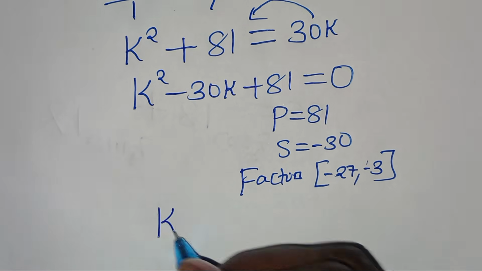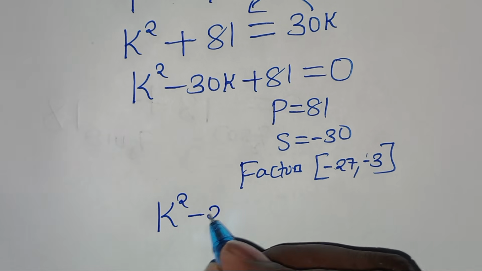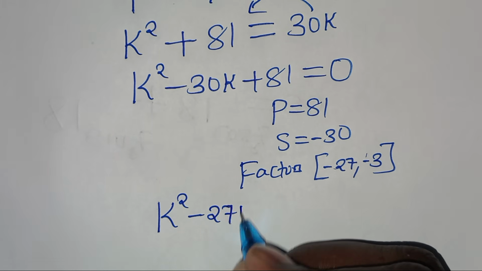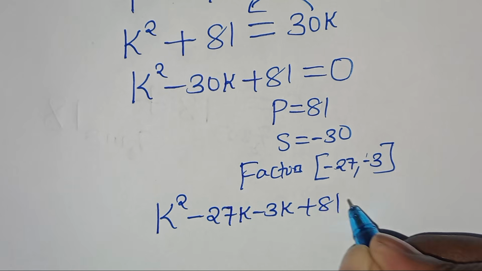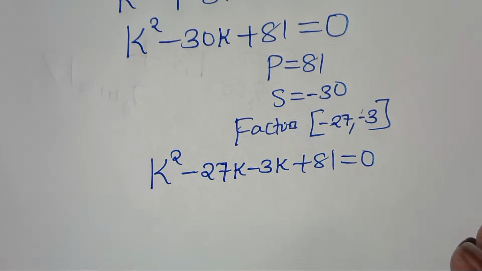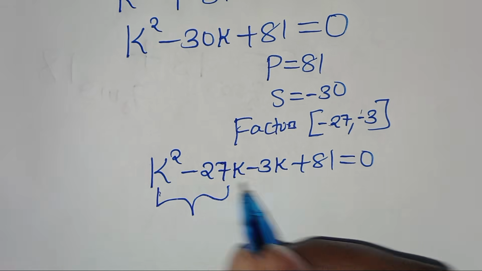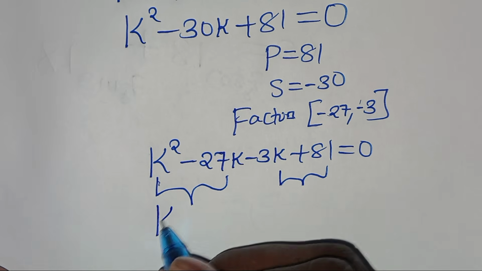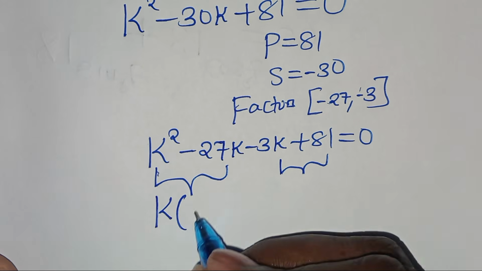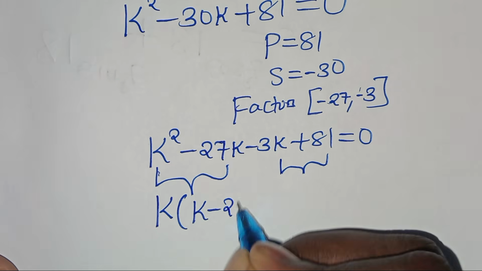So we have k squared minus 27k minus 3k plus 81 equal to 0. So we have got two parts here. For the first part, k is common, so we have k times the parentheses k minus 27.